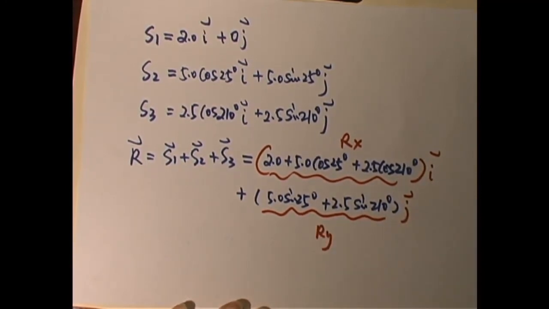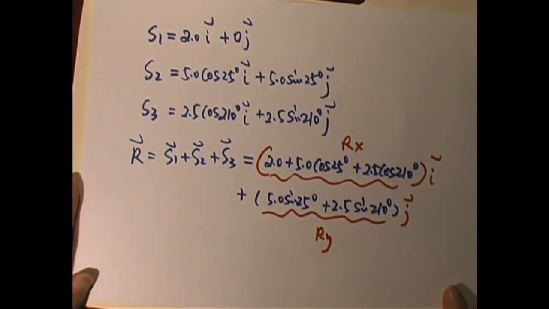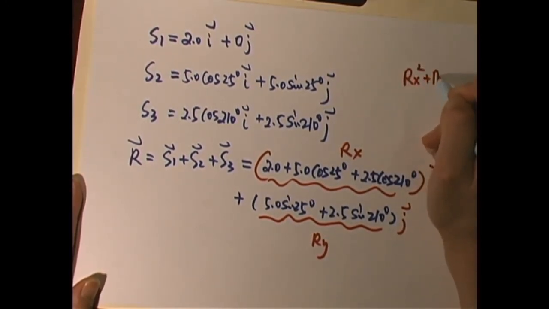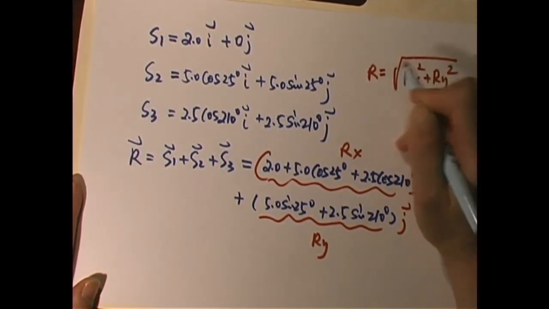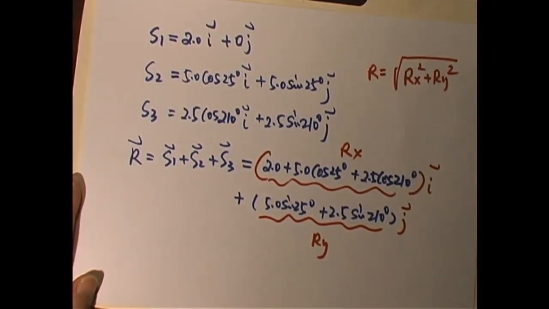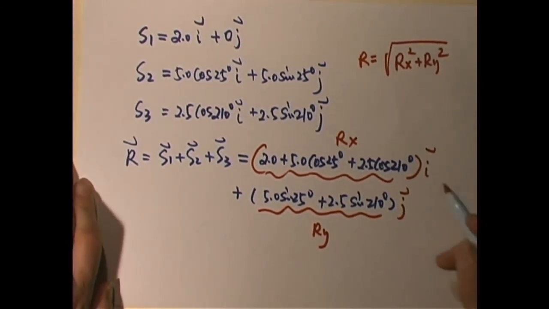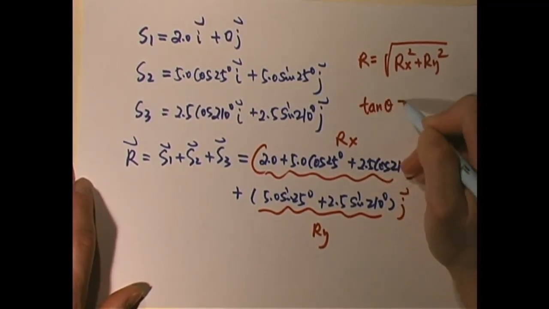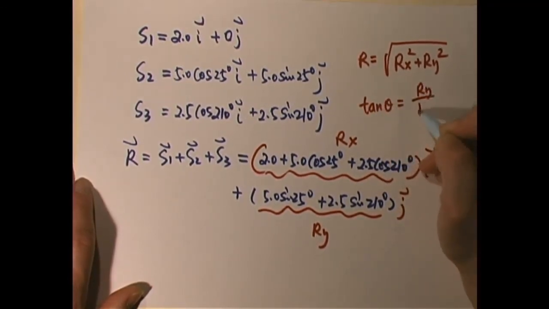So eventually, if we ask the question, where is John? We'll say the square root of Rx squared plus Ry squared. That R is how far away the final position is with respect to the origin. And for the angle, we do tangent theta as Ry over Rx.